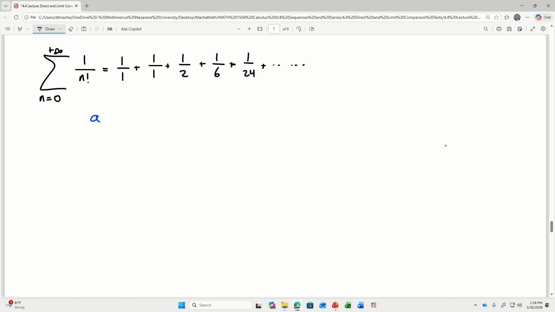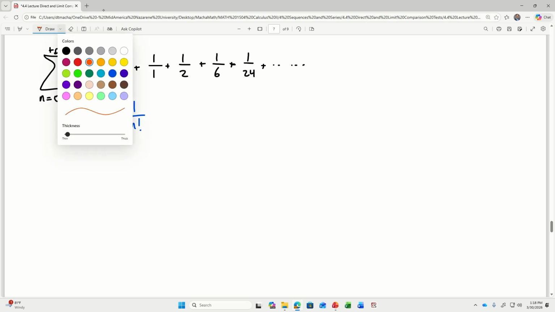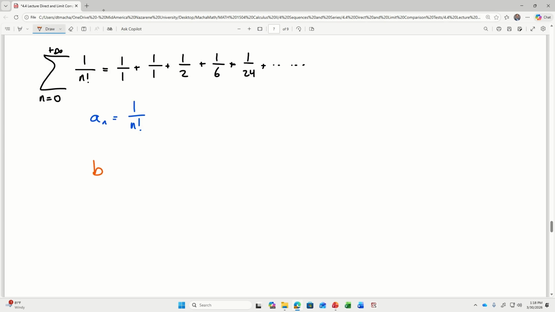But let's call a_n 1 over n factorial. And the trick is we have to find a b_n to compare it against, using either direct comparison or limit comparison.